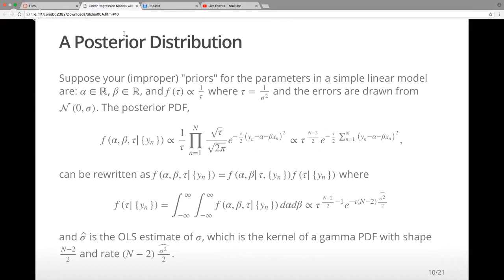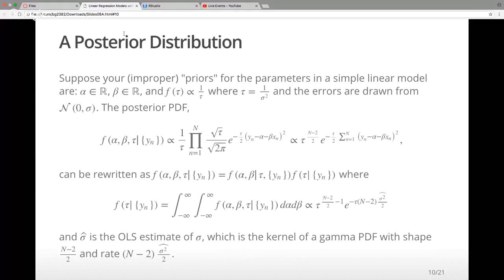And we have a Jeffreys prior on the precision tau, where tau is defined as the reciprocal of sigma squared, the variance of the errors. Again, just as with OLS, we assume that the errors are drawn from a normal distribution with standard deviation sigma.